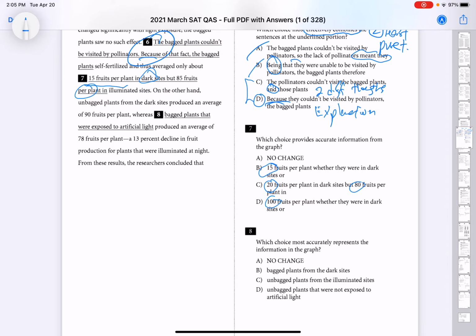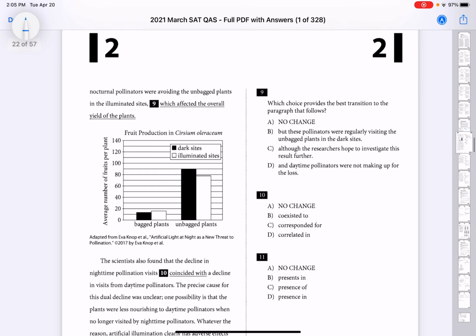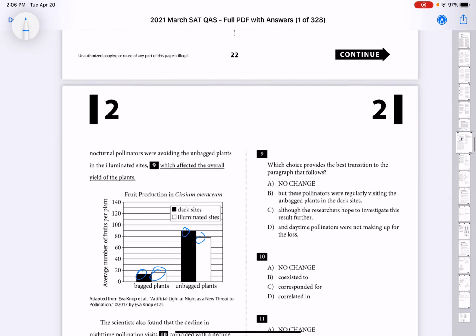All right, so let's take a look at what they got. So in dark sites, the bag plants produced 15, almost 20, and unbagged, they produced 90, and this one was about 80.